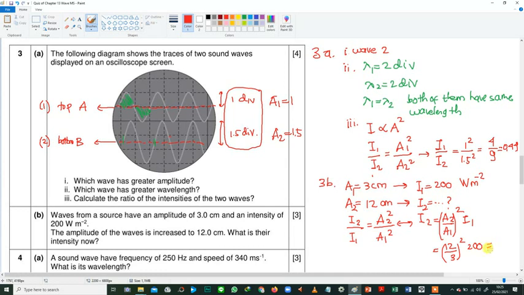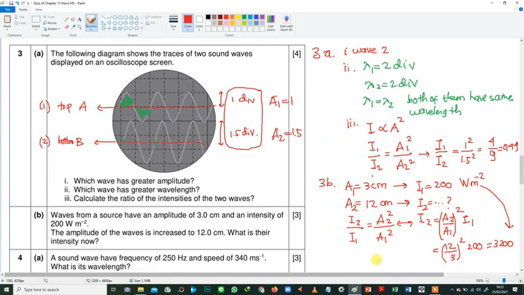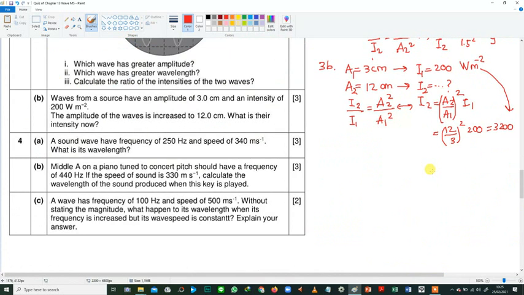The answer is 3200. And what's the unit? Follow the unit of the intensity here, it's watt per meter squared. That is 3B.